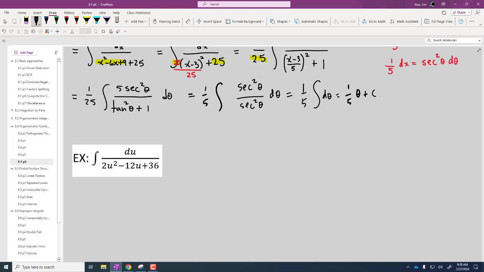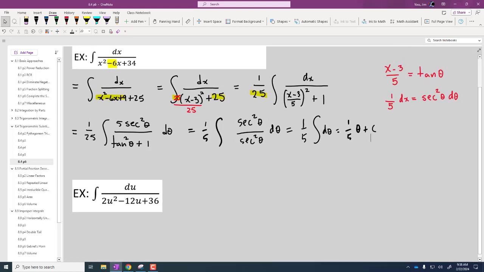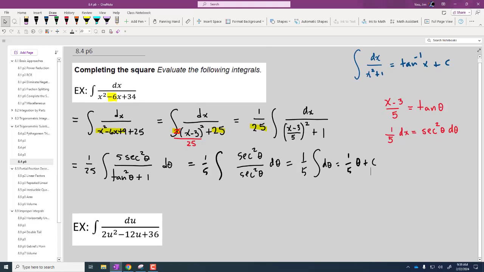And if we come back up to our substitution step right there, how do we solve this for theta? What do we do? Inverse tangent. So if we want to solve this for theta right here, let's write it down here. Theta is inverse tangent. If we take the inverse tangent of both sides, there is theta.